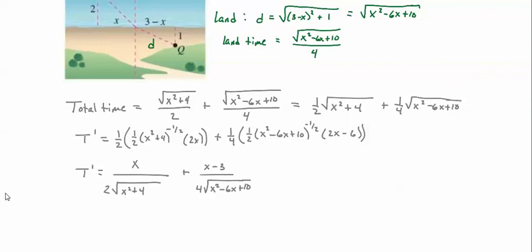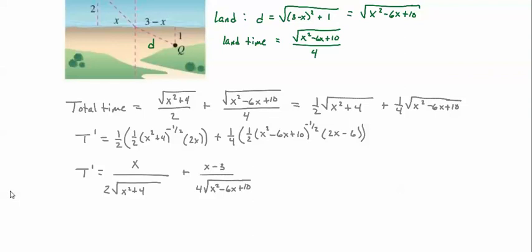Don't forget to multiply by the derivative of the inside, the 2x minus 6, also in parentheses. When I simplify, I end up with x divided by 2 square root of x squared plus 4 plus x minus 3 over 4 square root of x squared minus 6x plus 10.